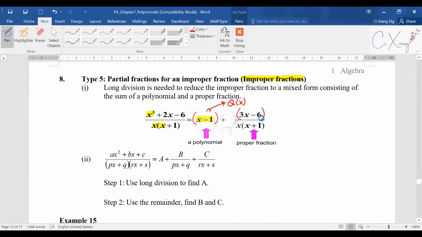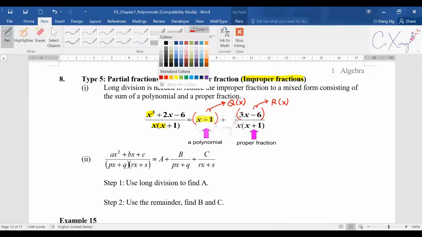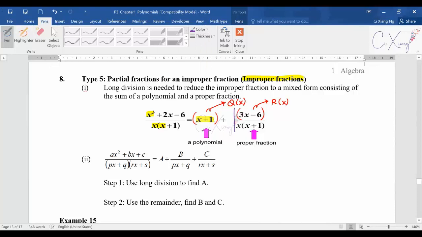And this part, before you split it into partial fractions, is the remainder of the long division. From this remainder over the divisor, only from this part do you split into partial fractions. The way you split it follows all the methods that we learned before, for type 1, type 2, type 3, or type 4, up to you.